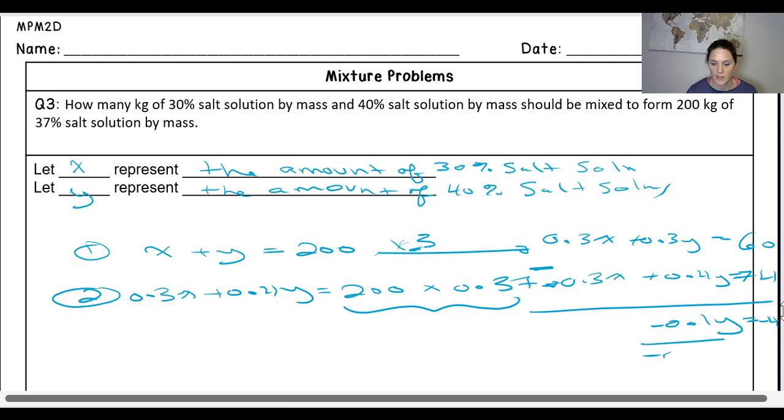Divide both sides by negative 0.1. So y is equal to 140.